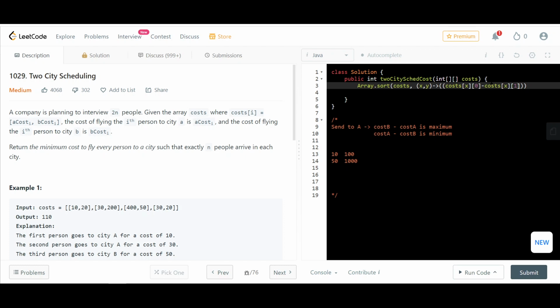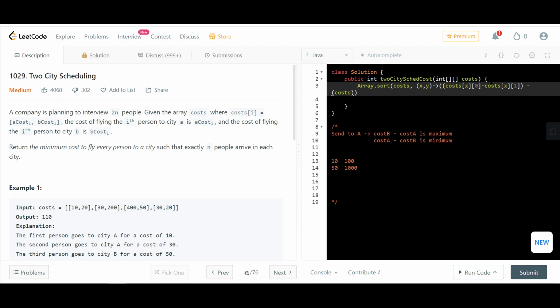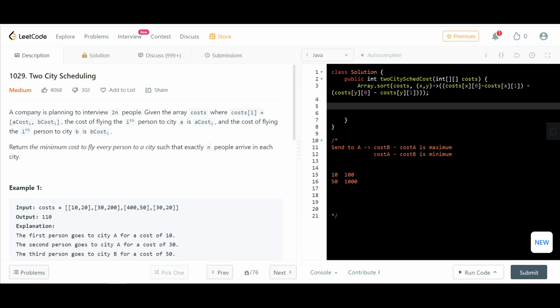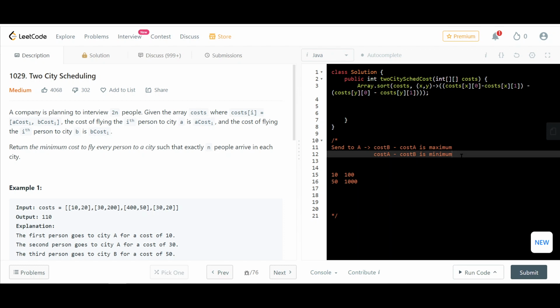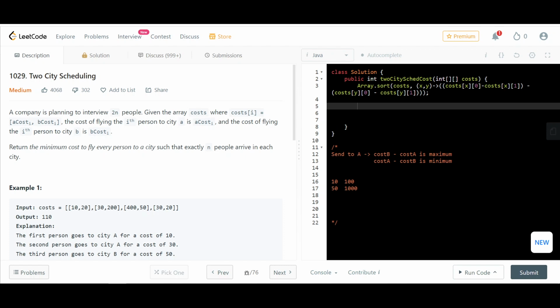So this minus y[0] minus y[1]. And now the array is sorted in this fashion such that the first half of this sorted array will go to city A, and the second half will go to city B.